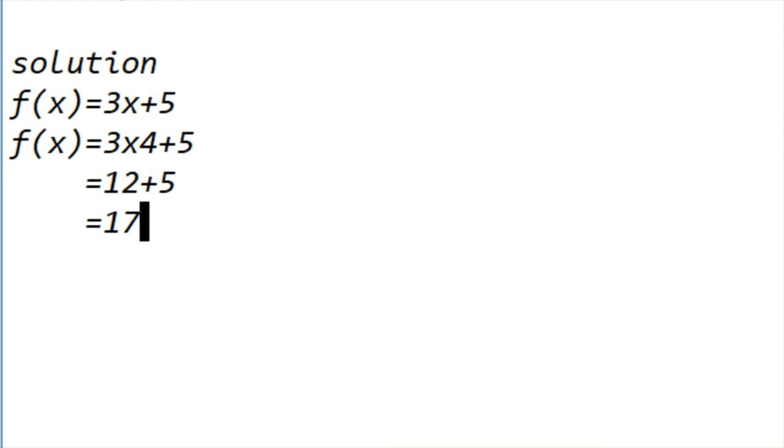Next time I will show you how to get the value of f of x for all values of x, given a domain of x, for example from 3 to 5 or from 3 to 100. But for the time being, this is enough.